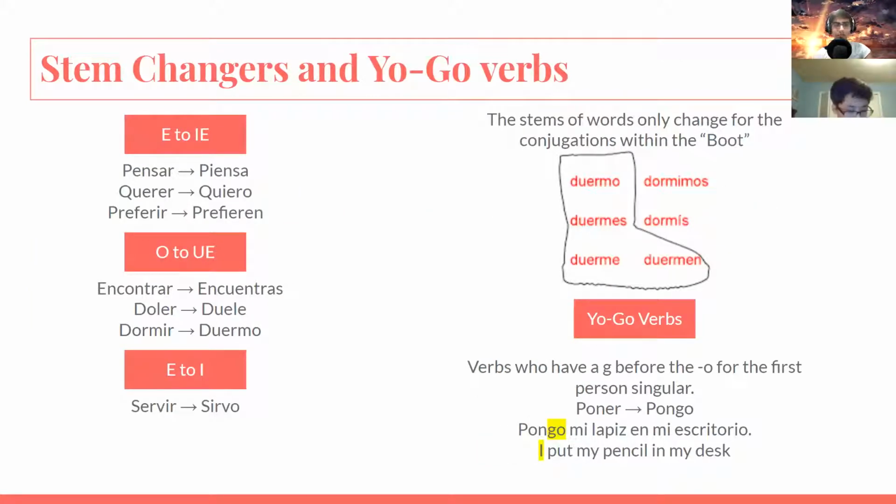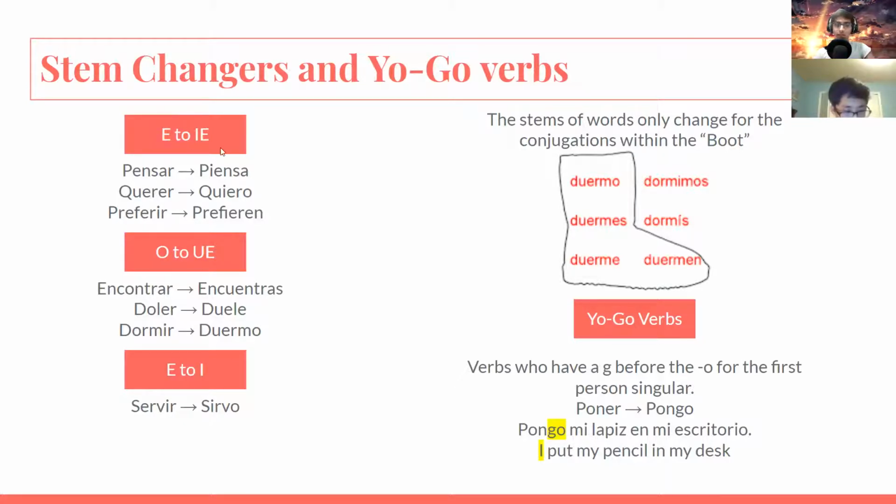The stem changers are things that happen to the stem of the verb, which is the first part instead of the ending that can be changed depending on the subject. There are usually three different stem changes that could occur in general.